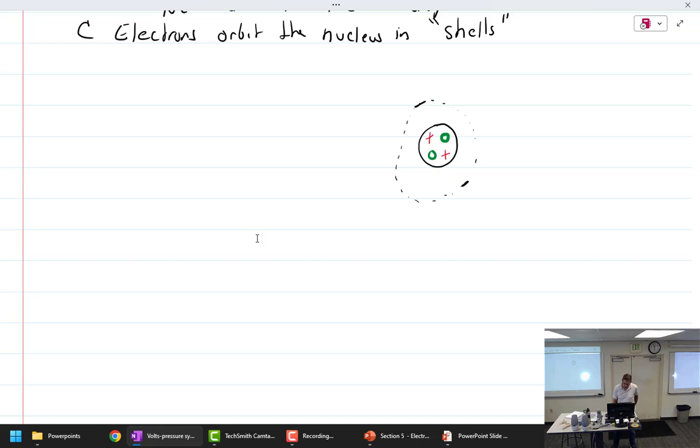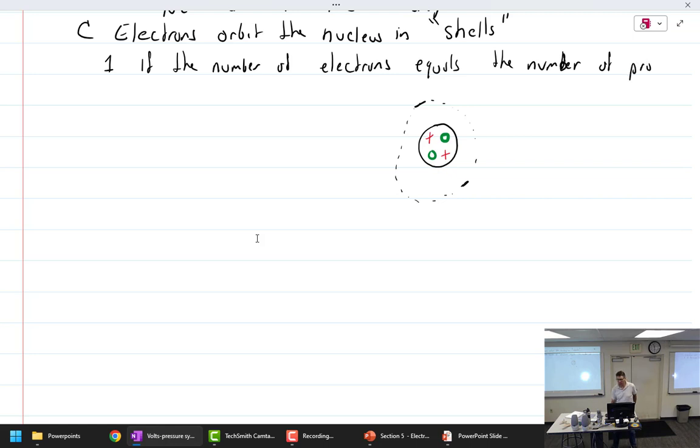If the number of electrons equals the number of protons, the atom is neutral.